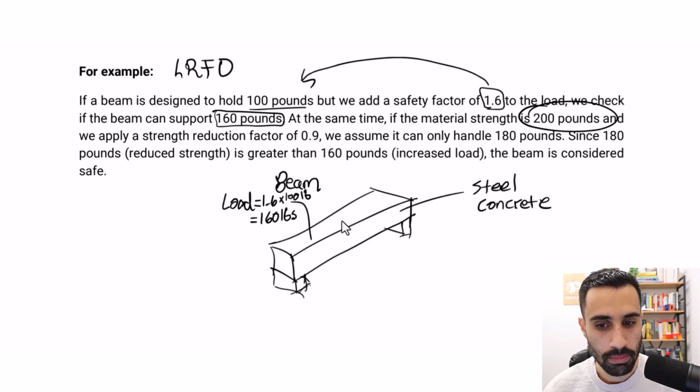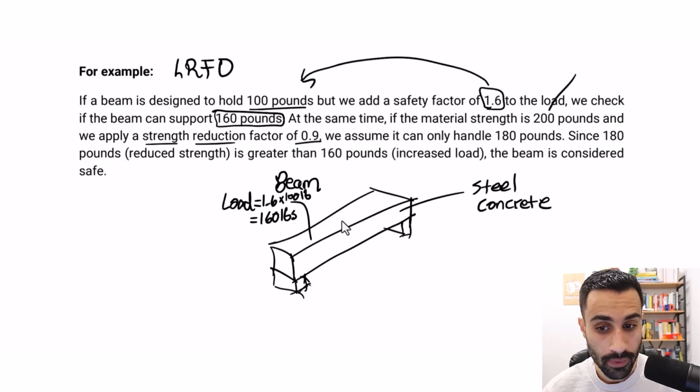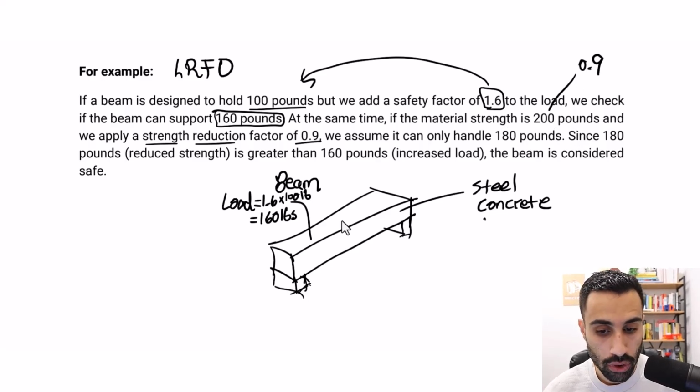So the strength is 200 pounds, but then I'm going to apply a strength reduction factor of 0.9. That's actually the phi value. So we're going to account for that and reduce the strength of that material. The real strength is the phi, that 0.9 times the 200, and it gives me 180. So the strength here is going to be 180 pounds.